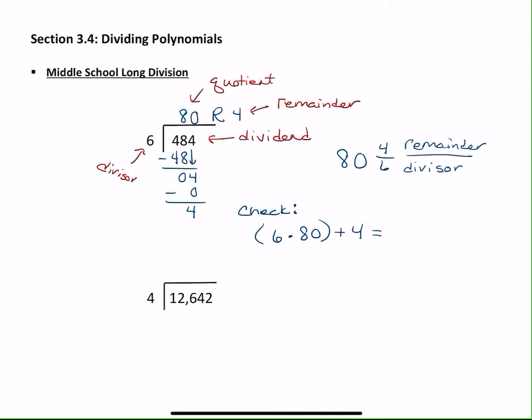So working backwards, we've got 6 times 80 is 480, plus the 4 is 484. So when you check, the divisor times the quotient plus the remainder will equal your dividend.